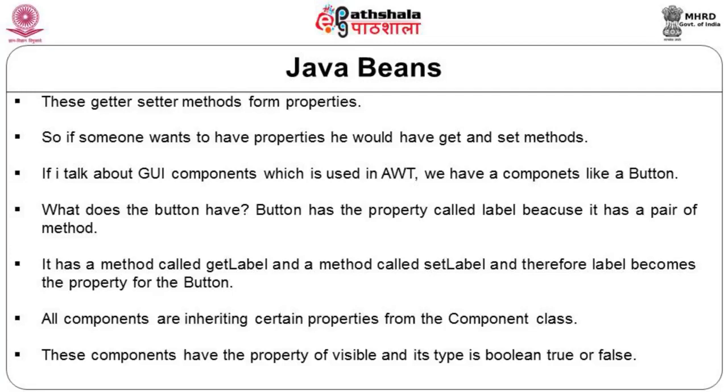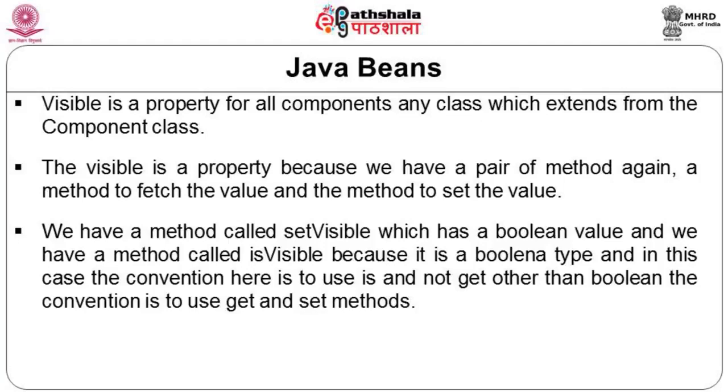Visible is a property for all components. When I say component, I mean any class which extends from the Component class of Java AWT. Visible is a property because we have a pair of methods again, a method to fetch the value and a method to set the value.